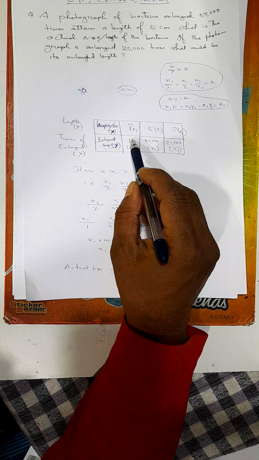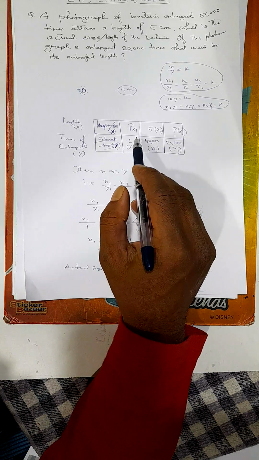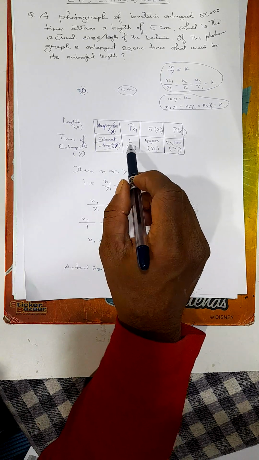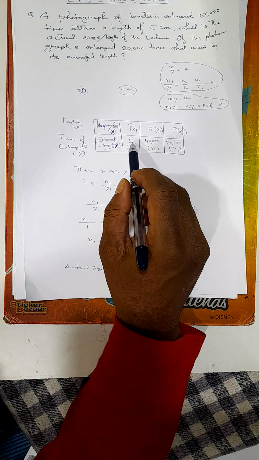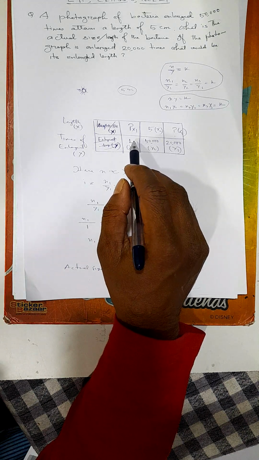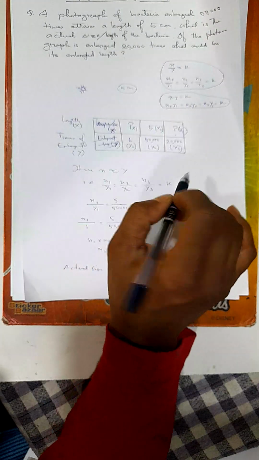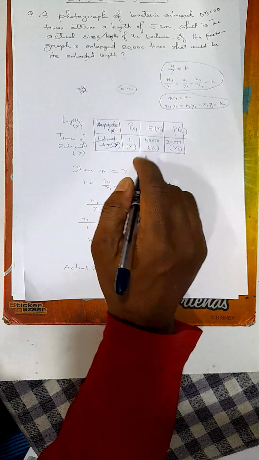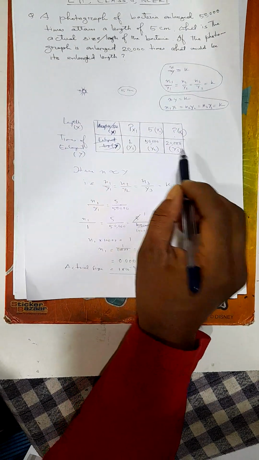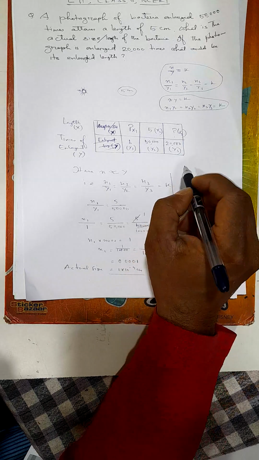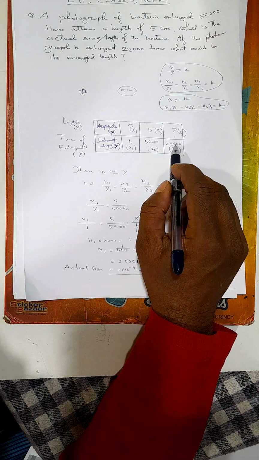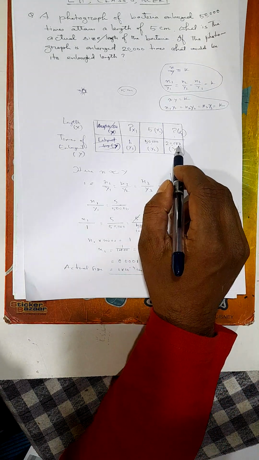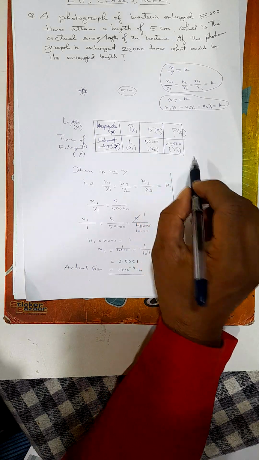Before enlargement means if the bacteria is not enlarged, it remains its actual length. 1 times enlargement means no enlargement. It is not extended. Now, second case: if it is enlarged by 20,000 times, what would be the length?